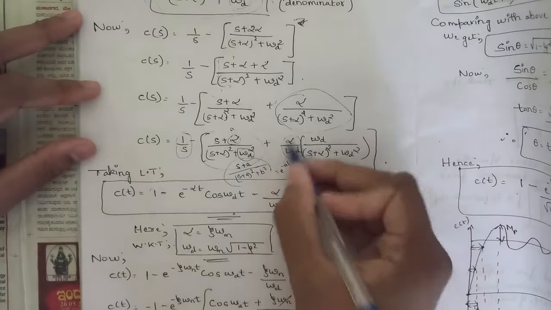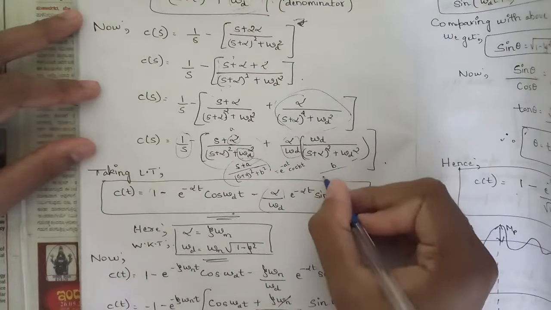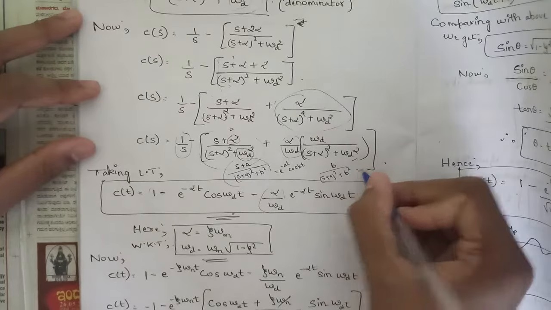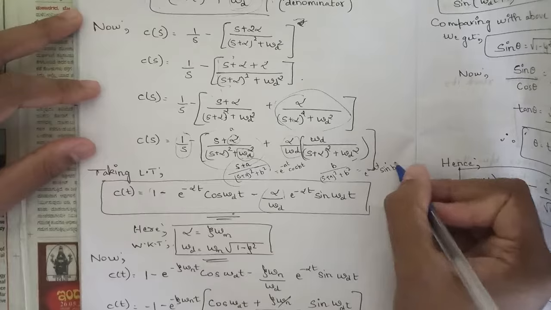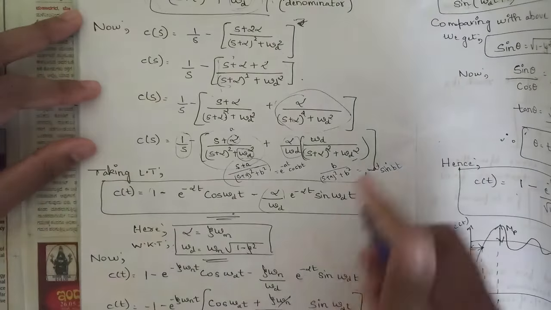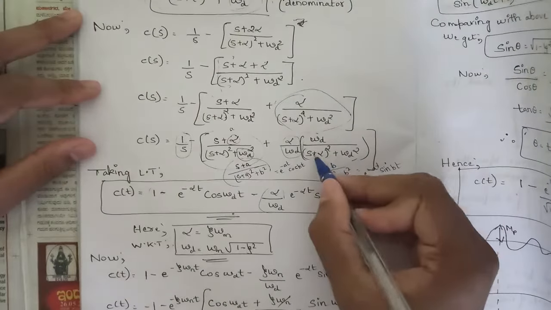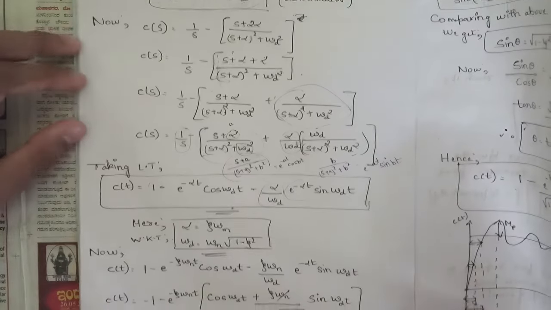Again this is of the form b divided by s plus a the whole square plus b square. Its Laplace transform is e to the power minus at sin bt. So in place of b we have omega d, and in place of a we have alpha. So we are getting e to the power minus alpha t sin omega dt.